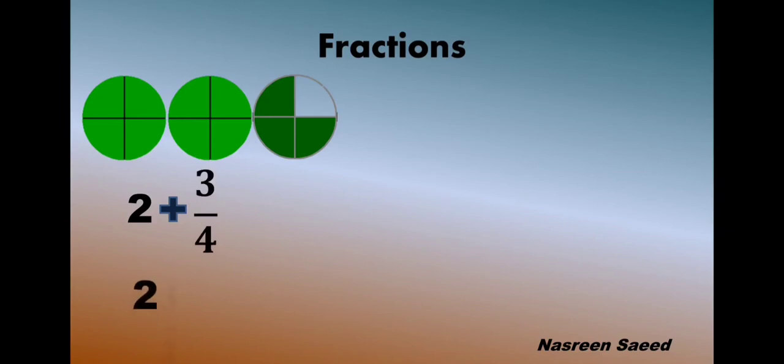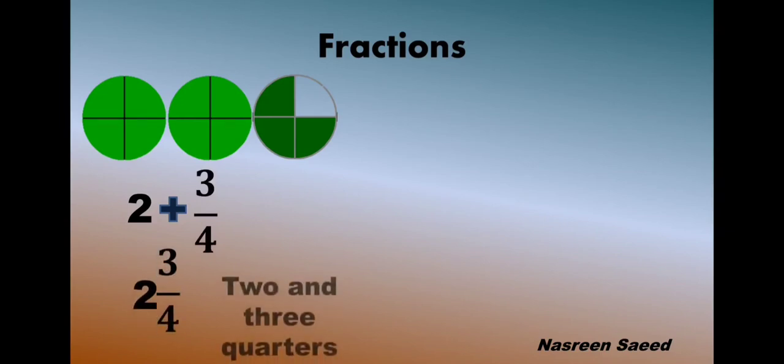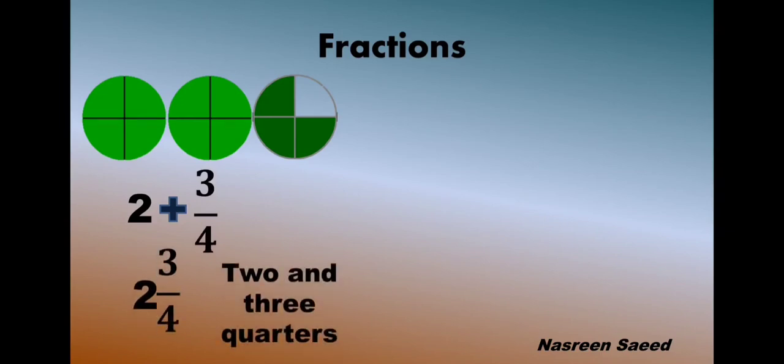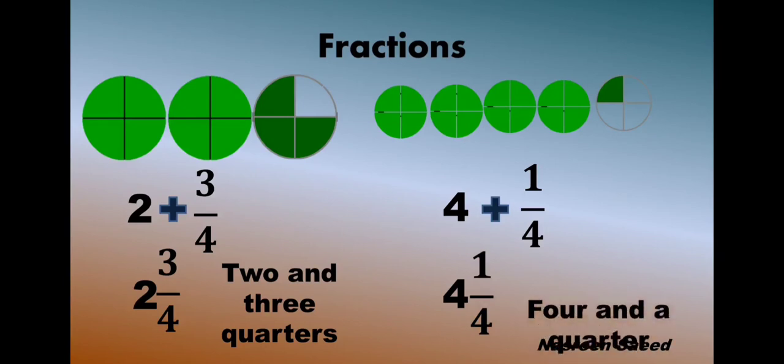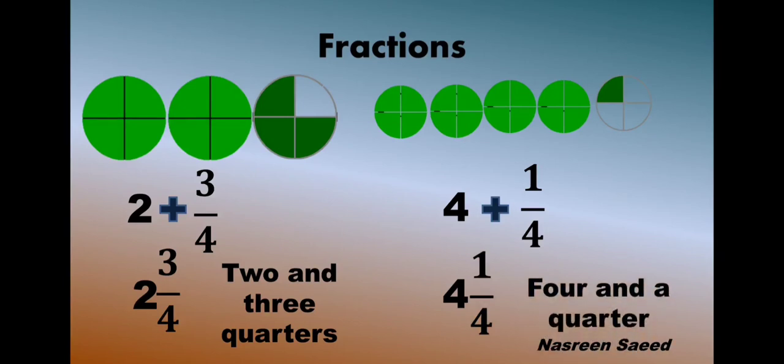It will be written as 2 3 upon 4 and read as 2 and 3 quarters. We have 4 wholes plus 1 quarter. It will be written as 4 1 upon 4 and read as 4 and a quarter. So the whole number is written, plus the quarter or half.